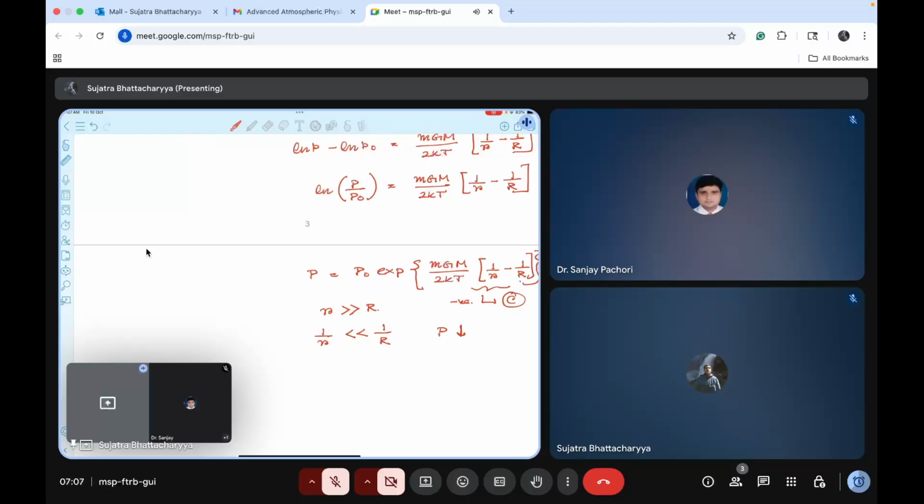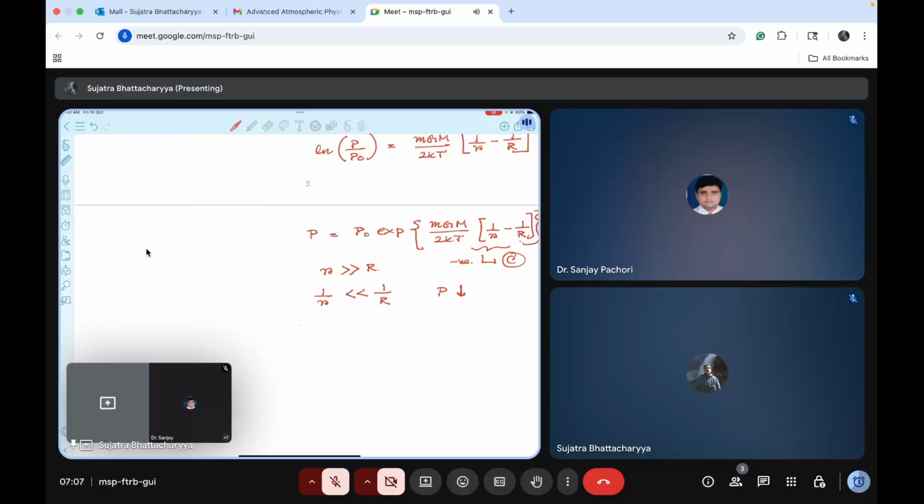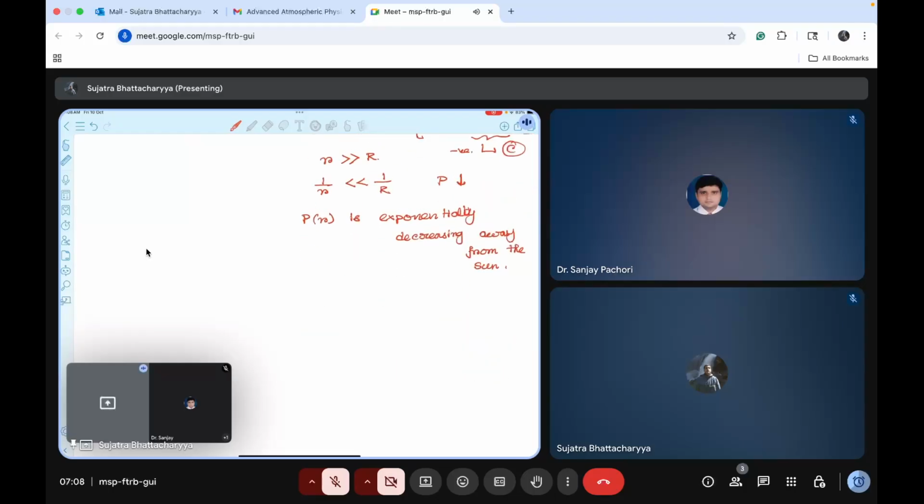As r increases, the pressure should decrease. So the expression shows that P of r is exponentially decreasing away from the sun. That's good. Let's go further.